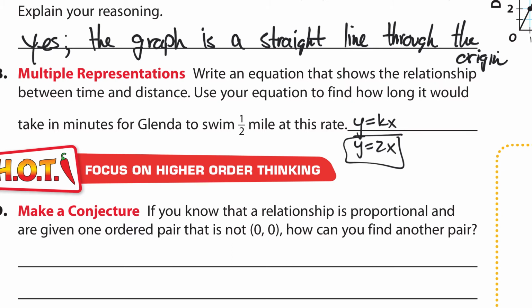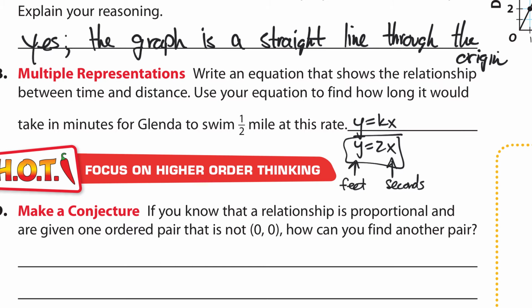We have to figure out how long it takes her to swim a half mile. Well, this y value is in feet, and it's usually miles per something, and this is in seconds. So that's kind of tough right there.